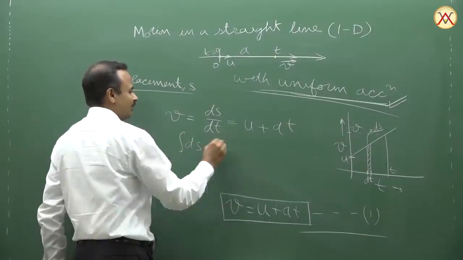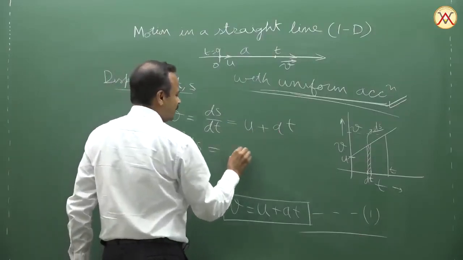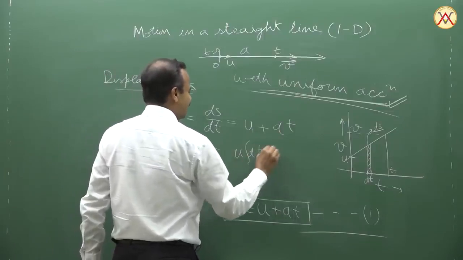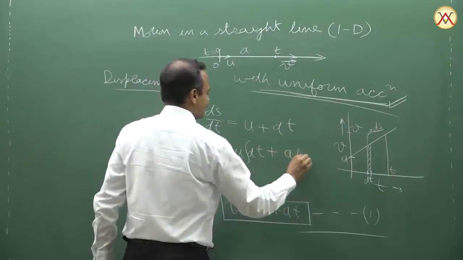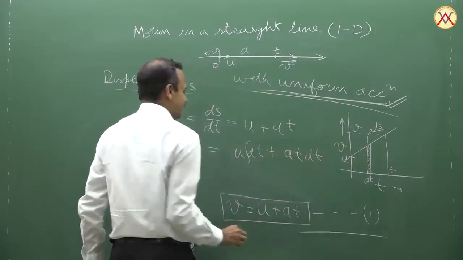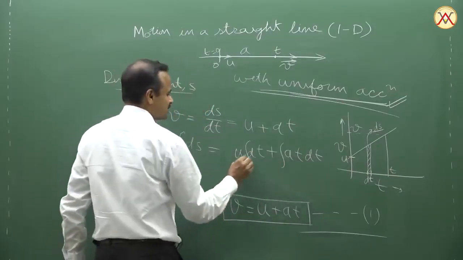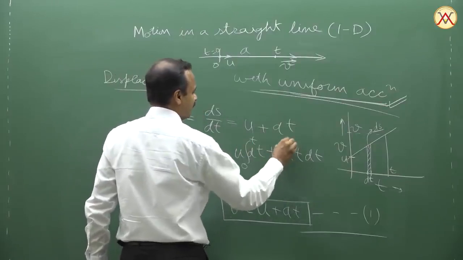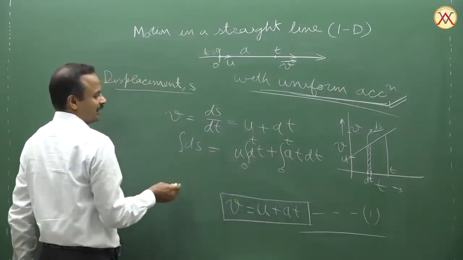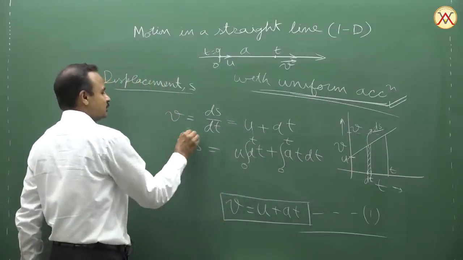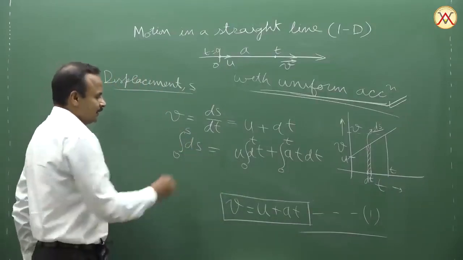Integral of ds will be, we can take dt on the other side, integral of u dt plus integral of at dt. Limit for time 0 to t, and for s 0 to s.